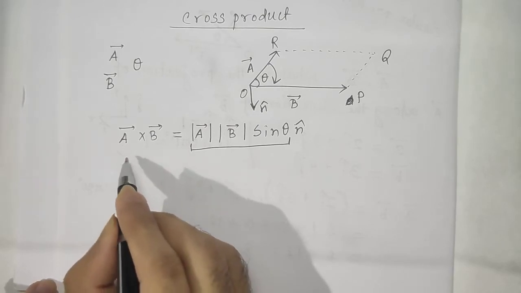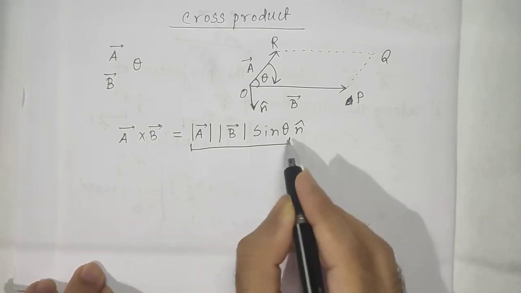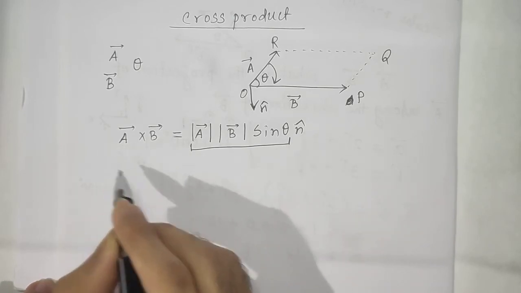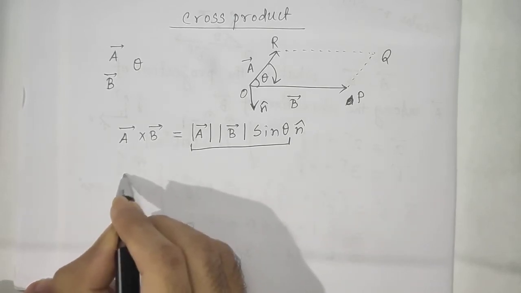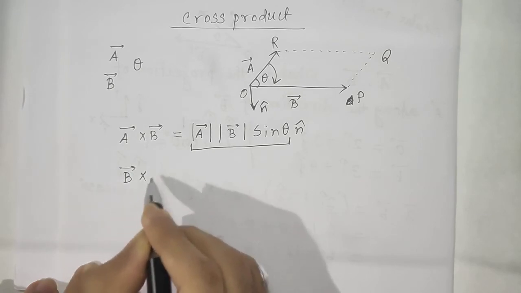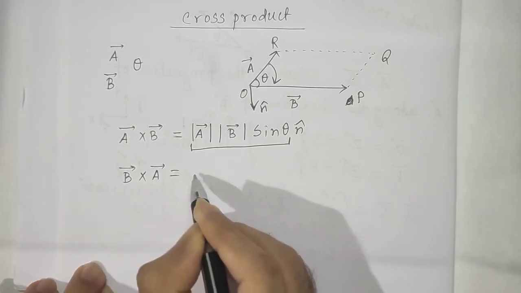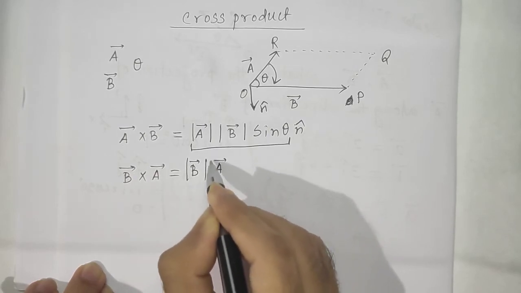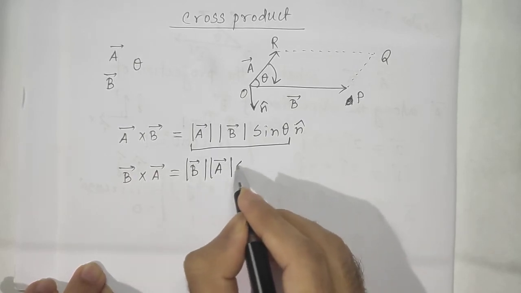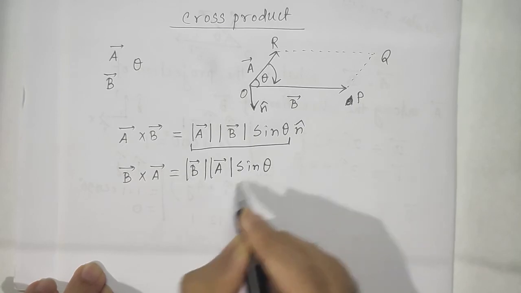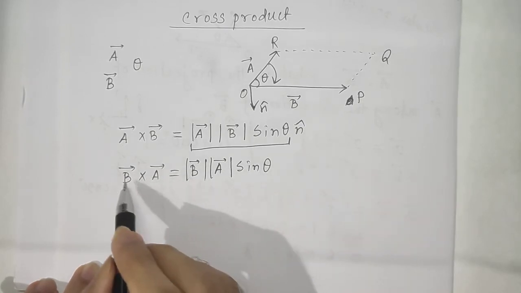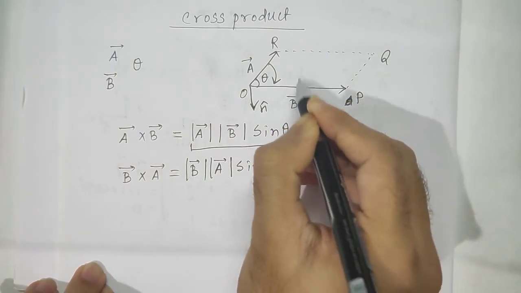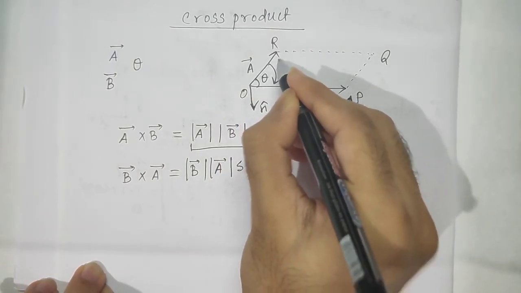Now we can come to a conclusion that if we do B cross A, what will we get? We'll get B vector mod, then A vector mod, and sine theta. It's common, but now we are going from B to A vector like that.